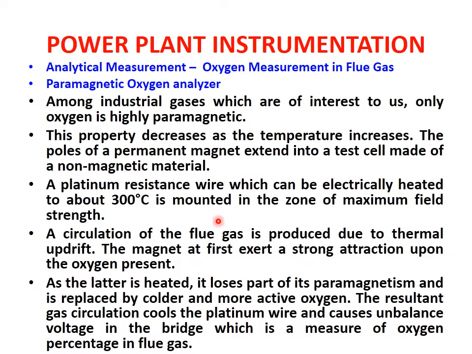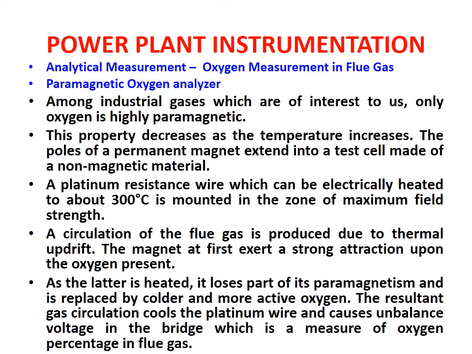See that in this theory of the paramagnetic oxygen analyzer, it is mentioned that the oxygen from the flue gas will be at a certain higher temperature. That higher temperature oxygen will be replaced by some colder and more active oxygen in place of it. And as this system is connected to the Wheatstone bridge circuit, it will unbalance the Wheatstone bridge circuit, because one end will be cooler and one end will be hotter.